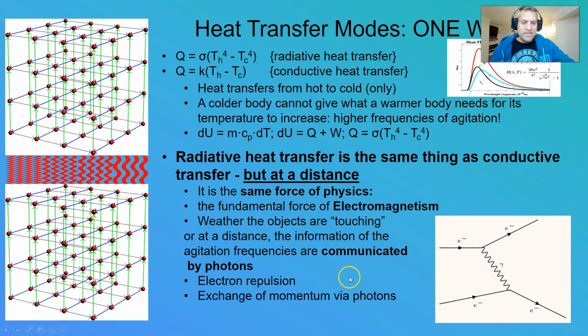So that happens in touch with these electrons very close to each other, but at a distance, the same thing is happening. The electron being agitated, being accelerated, results in the emission of a photon. The photon is emitted, and then it comes up to this object, say, and now this electron will see that same photon and it'll be induced into that same agitation because of the information in that photon.